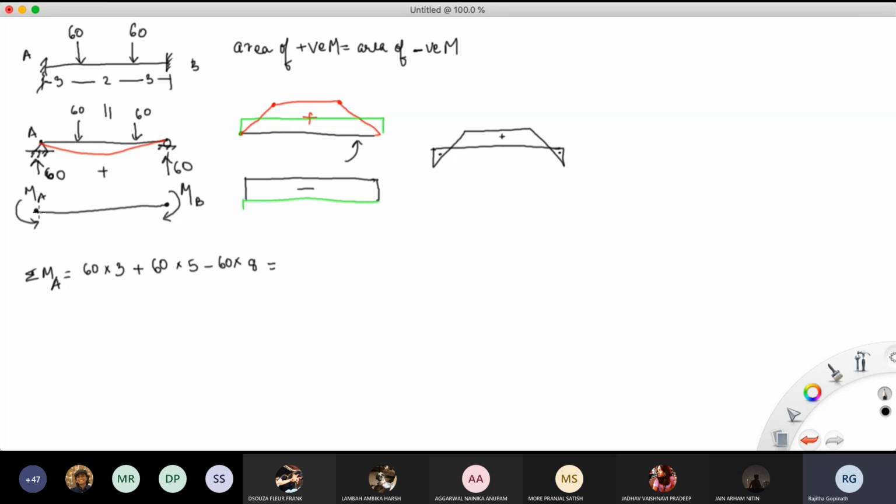So we will do this if we needed to find out what is RB. Okay, therefore we can say that RB is equal to 60 and therefore RA is equal to 60. Okay, इतना समझ में आया ना what we are doing?